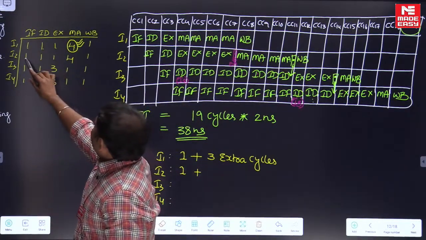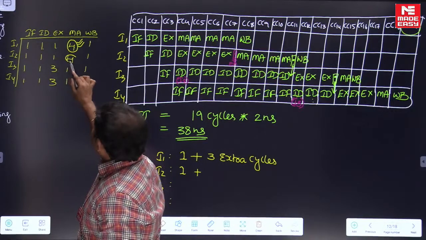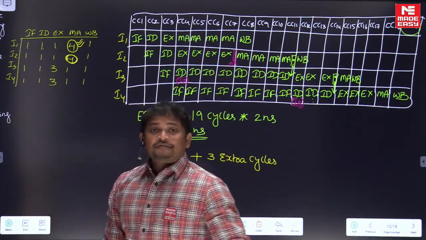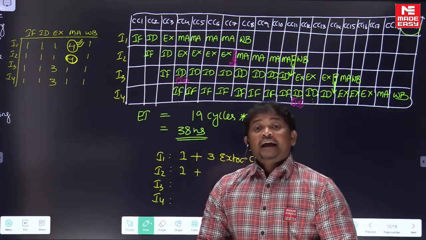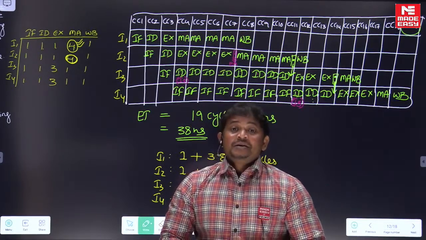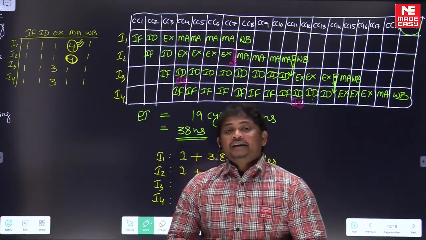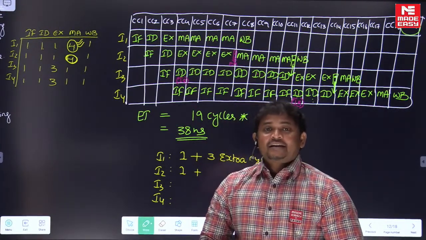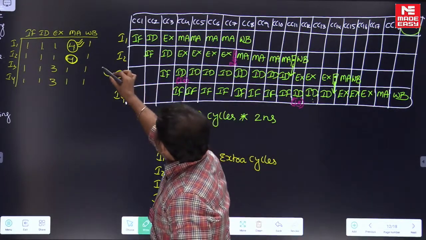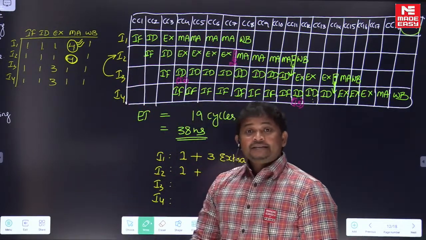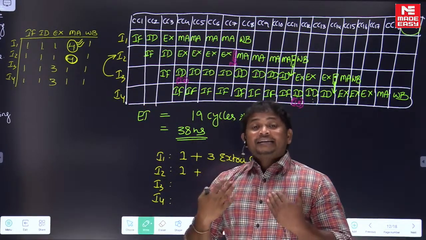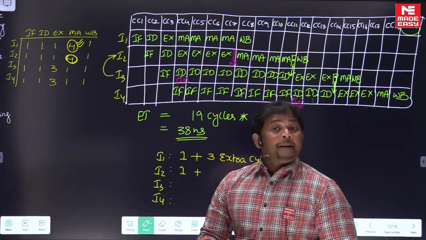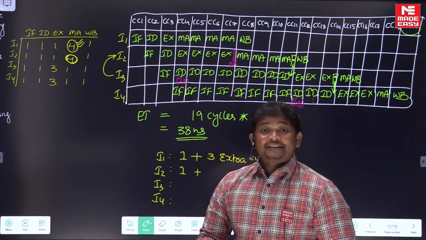This is 1, 1, 1, and this stage is taking 4. How many extra cycles are required? Maybe you are saying, sir, 4 minus 1, 3 cycles. But there is a data dependency between I3 and I2. This data dependency accepts the data at the end of the MA stage, not at the end of the EX stage.